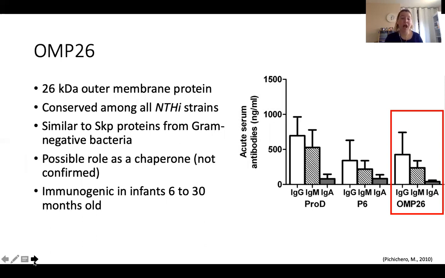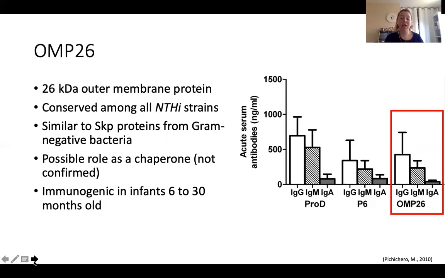It is similar to Skp, its homolog found in E. coli, and Skp has a role as a molecular chaperone. So we think OMP26 may also have a role as a molecular chaperone, and that its shape is like a donut, essentially, with its active site in the middle. It has not been characterized, and its structure has never been experimentally confirmed either.